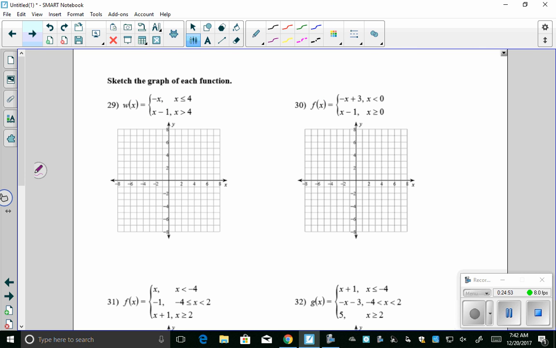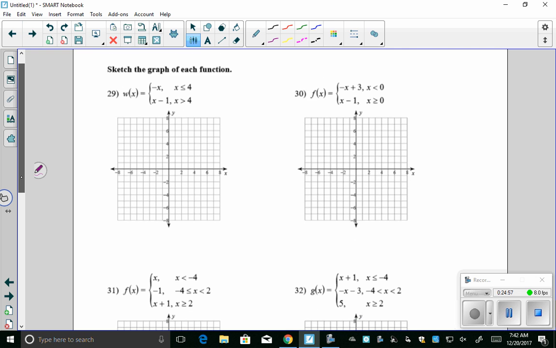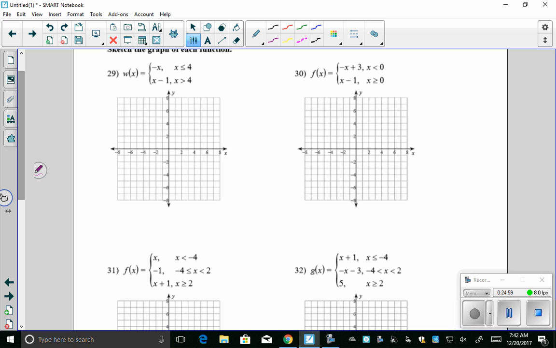Next page. Sketching the graph of piecewise functions. Remember, I told you if you wanted to, you can draw a line at -4. That's where my graphs switch. When x is less than -4, so that means going this way, you're going to draw this graph. When x is greater than -4, you're going to draw this graph going that way.